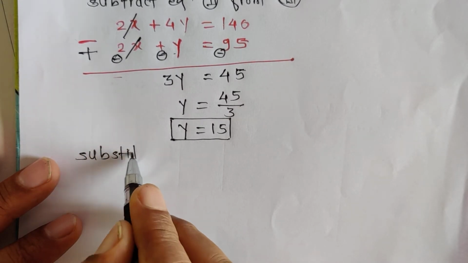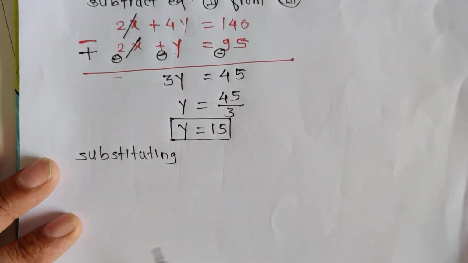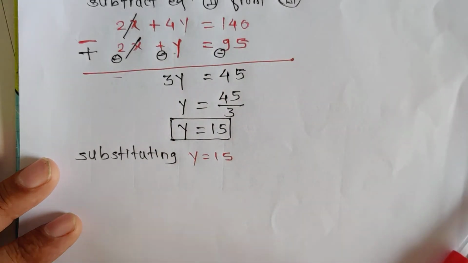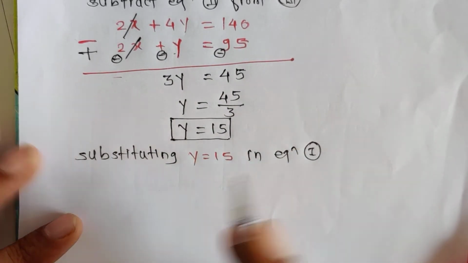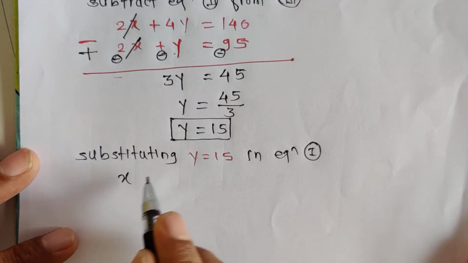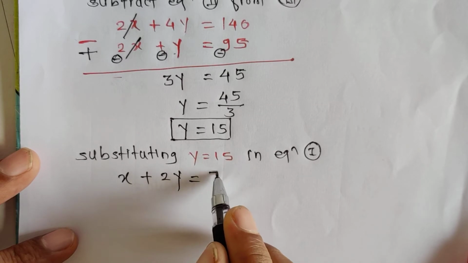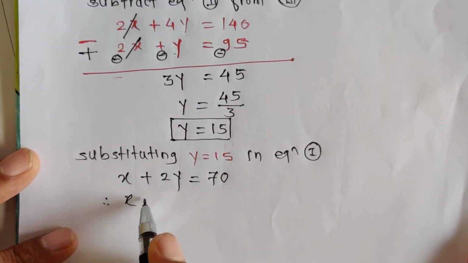Substituting y is equal to 15 in equation 1. So first write equation 1. X plus 2y is equal to 70. This is equation 1. Now substitute y is equal to 15.